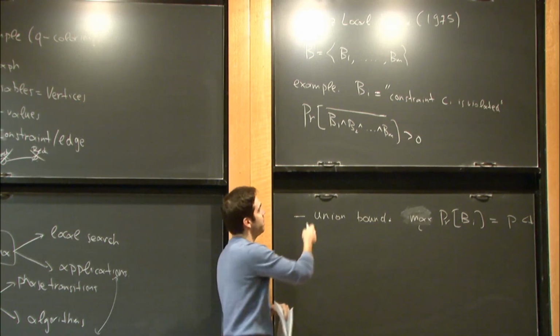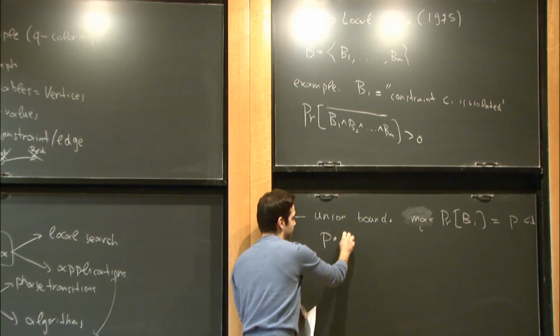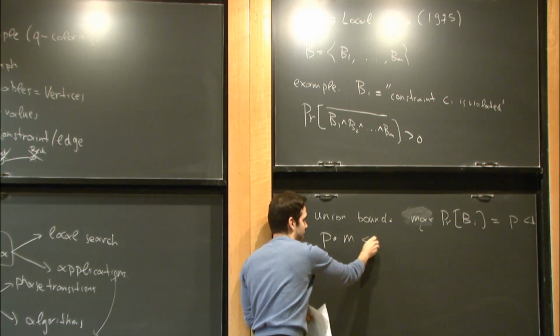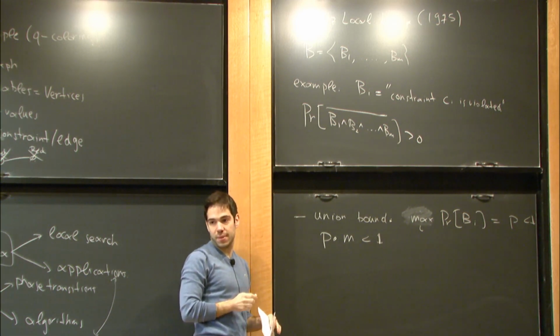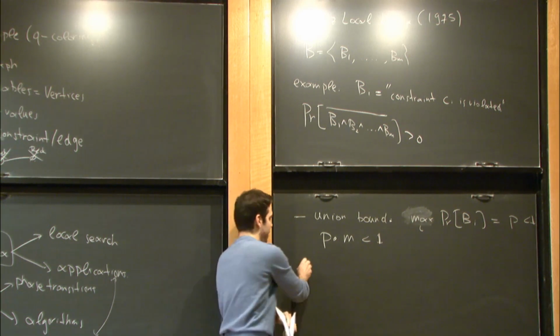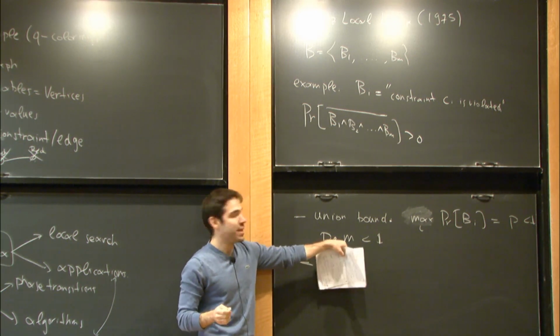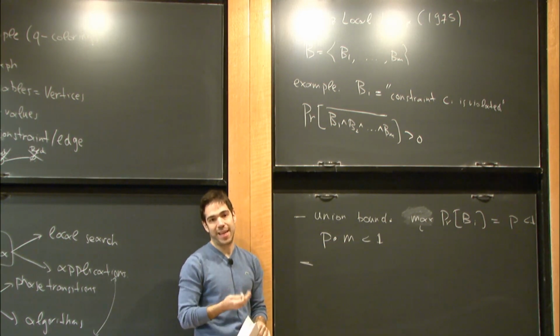Okay, so a trivial way to establish something like this is to say that p times m, that is the number of constraints, is less than 1. Okay, so this is trivial, but the bad thing is that here p scales with m. Okay, and we would like a scale-free bound.